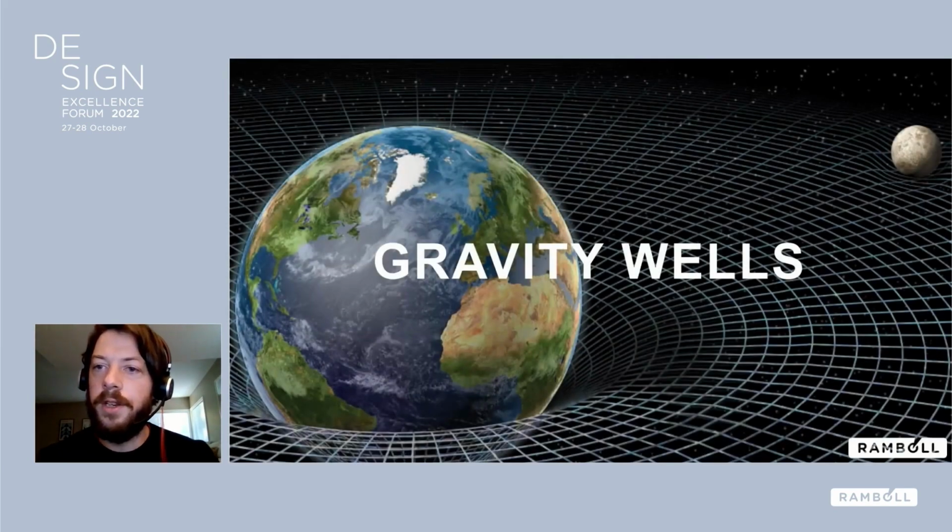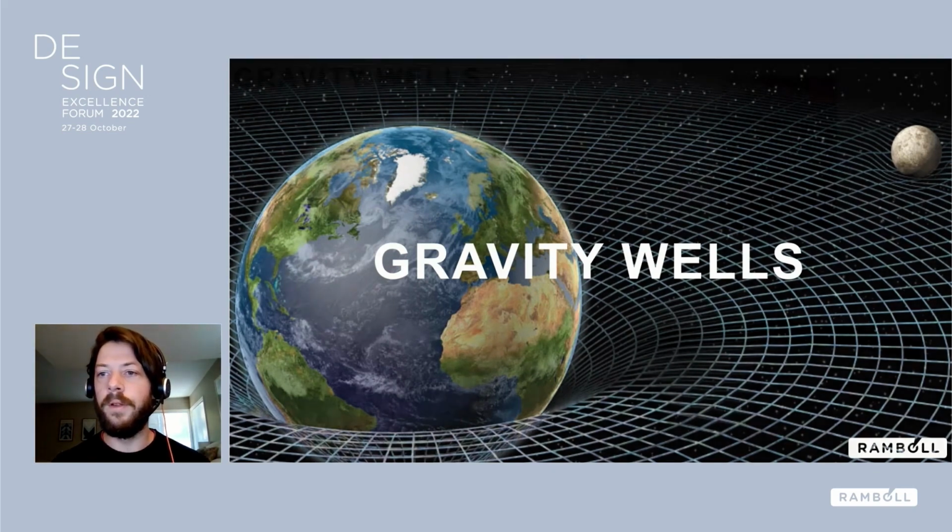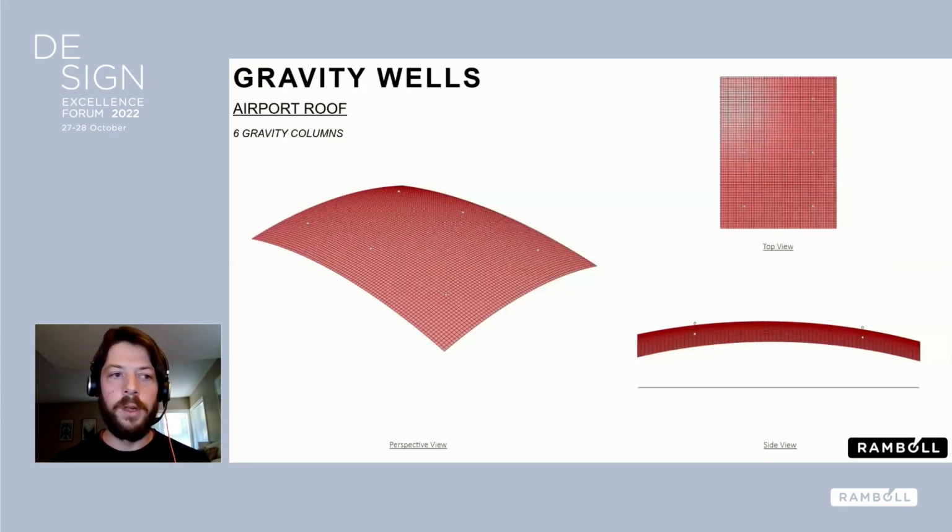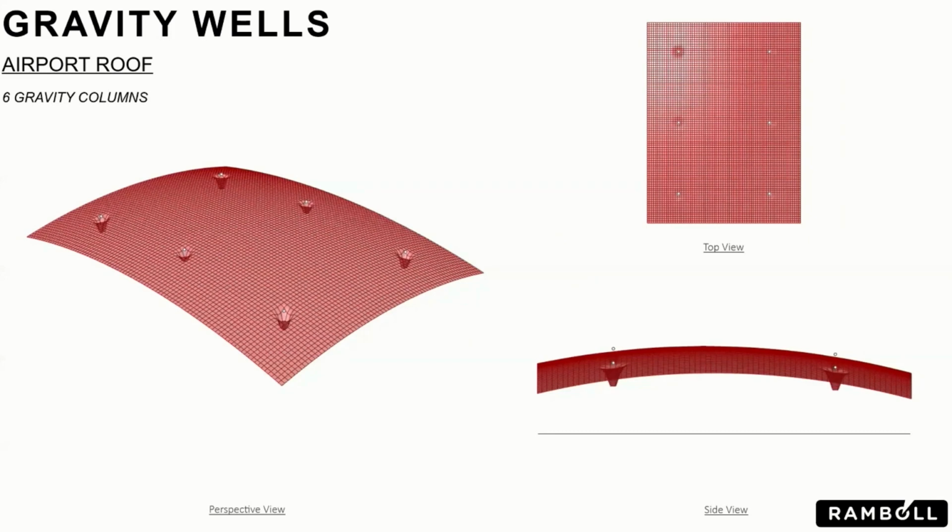Other aspects of nature, this time on the larger scale. We've developed strategies that can also inform a structure through, say, Newtonian principles, gravity well processes, using some sort of physical guide or physical principle to then develop the form finding for a structure. So this is for an airport roof.